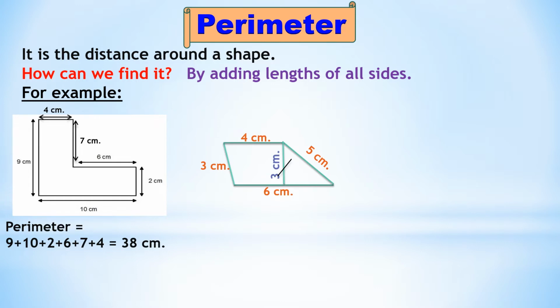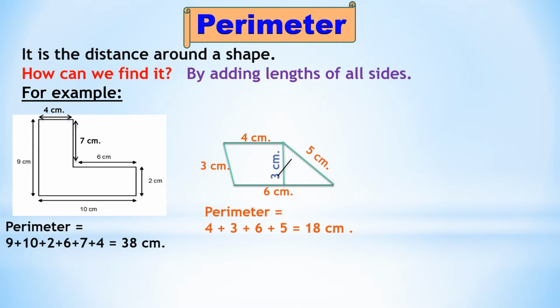We have another example. If we want to find the perimeter for this shape, we will start with 4 centimeters, this side 4 centimeters, and move to 3 centimeters. So 4 centimeters plus 3 plus 6 plus 5.